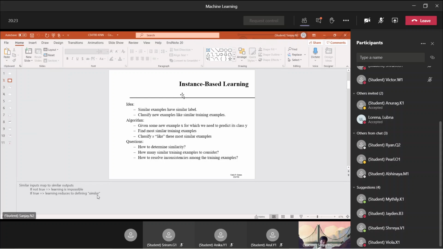So the algorithm for k-nearest neighbors is: given some sample X for which we need to predict its class Y. Class is just a fancy way of saying, for classification, what class in the hierarchy of classes.